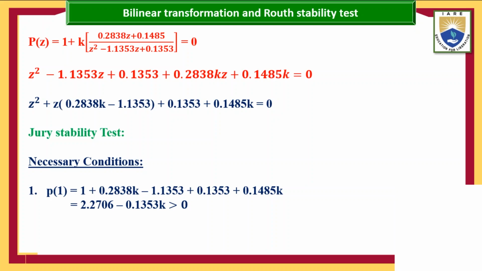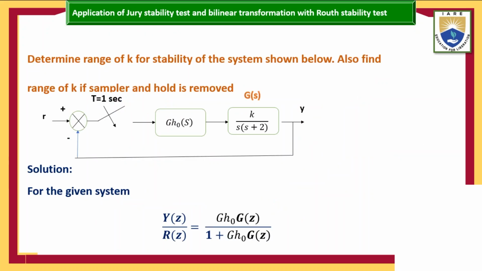Up to now, for the given system, we found the negative feedback transfer function, that is the forward path with unity feedback system. After that, in the transfer function, we have to find the characteristic equation with the sample and hold device, with T equal to 1 second.